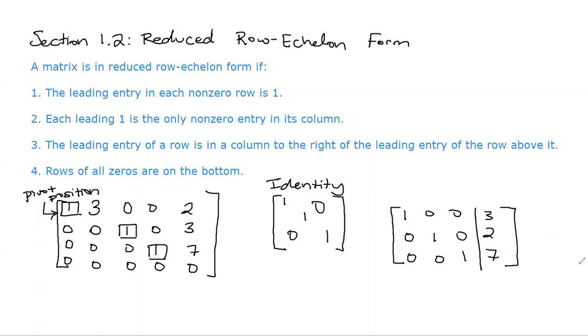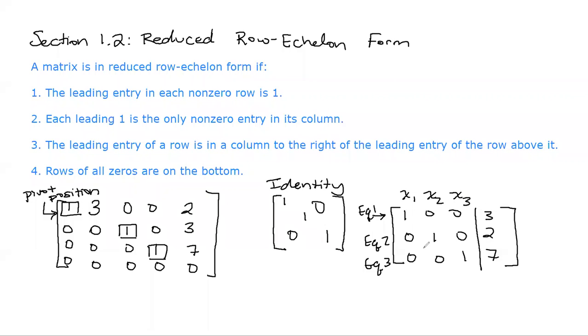Now, why would we want reduced row echelon form? Well, we talked on Monday about the fact that we can view every single one of these rows as an equation. So for instance, this could be our first equation, our second equation, and our third equation. And each of our columns might represent a variable.